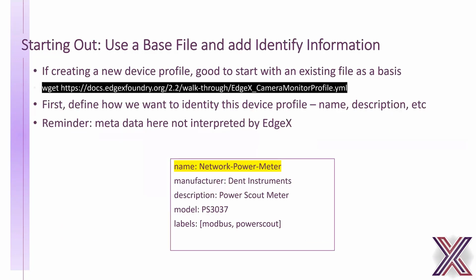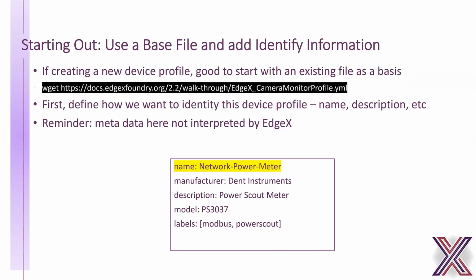So starting out, what I like to do usually is to keep the syntax correct and keep things simple. I like to use an existing base file that EdgeX provides, and there's one there on the screen.